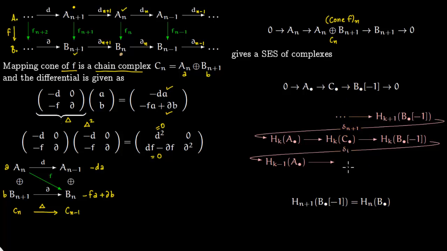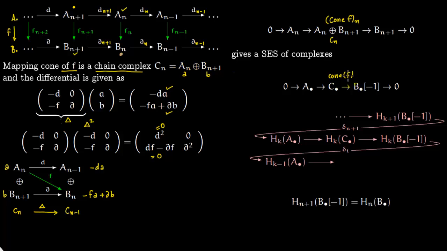Now this mapping cone is extremely important. This will become the first example of a total complex. In general, whenever you see a morphism between chain complexes, you can form a mapping cone, and the new complex is written like this. You have A and B. Instead of C, generally it is written as cone of F, where cone of F essentially means this complex right here.